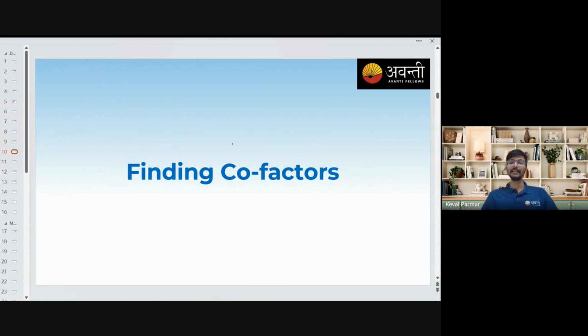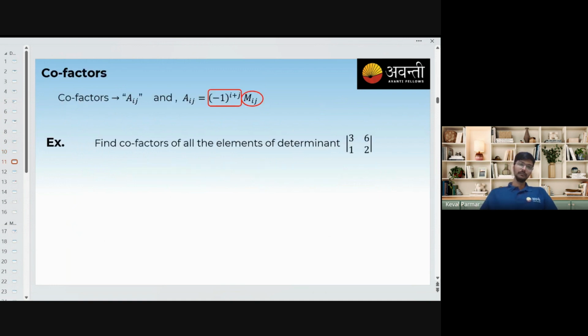Right? Finding cofactor. Now, cofactors are just a step forward from minors. If the cofactor is denoted by capital Aij, then the cofactor will be equal to -1 raised to the power i plus j.